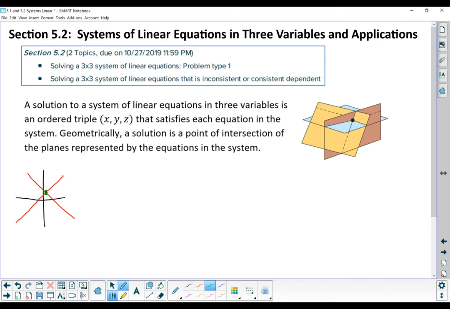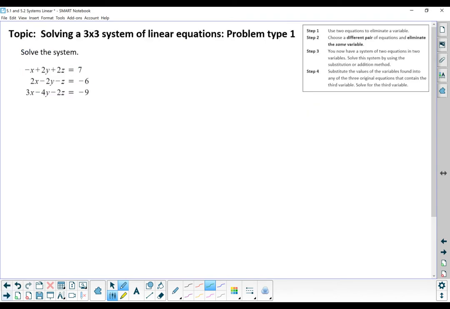Well, now that we're working with 3 variables, an equation with 3 variables represents a plane, like a piece of paper, and we're looking for a point where 3 planes intersect. So you don't have to graph planes or anything like that. It's just, I think, interesting to see visually what we're looking for.